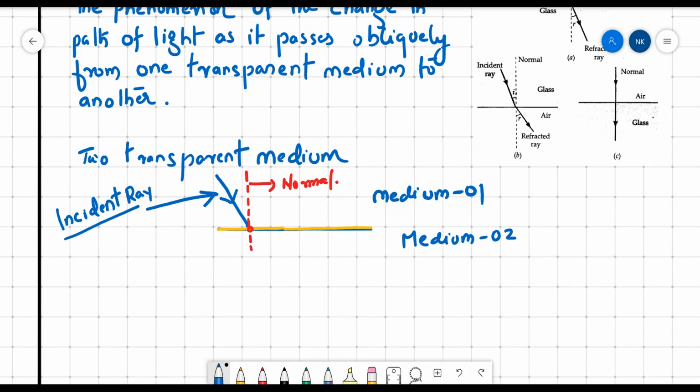If it was a homogeneous medium, it should have continued this path, that means it should have traveled in the same path.